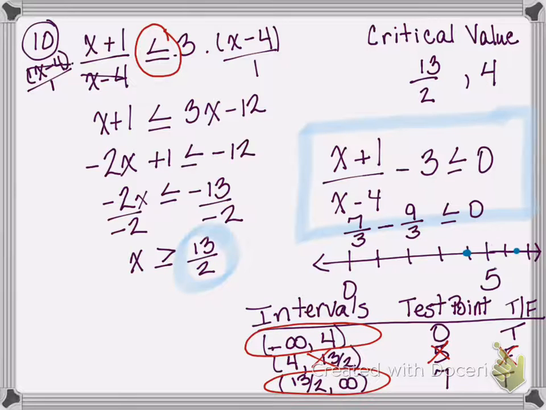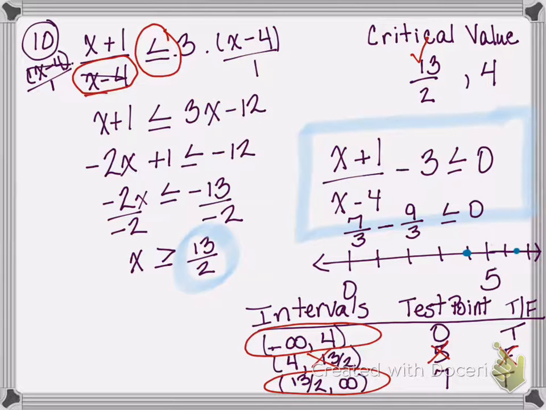Now the critical values that I'm looking at are 13 over 2 and 4. 13 over 2 was our solution. So 13 over 2, it is okay to use 13 over 2. So whenever I see 13 over 2, I'm going to have a bracket there because 13 over 2 can be included. However, when I look at 4, what happens when I include 4 as part of my solution? If I were to include 4, we go back and look at our denominator in our original problem.